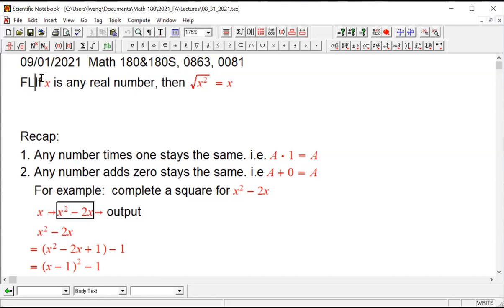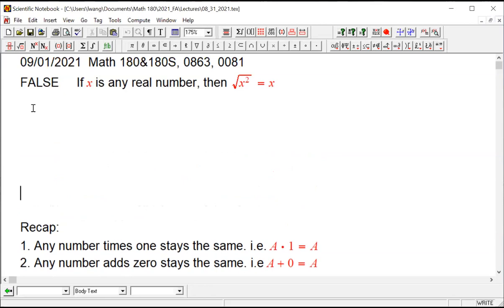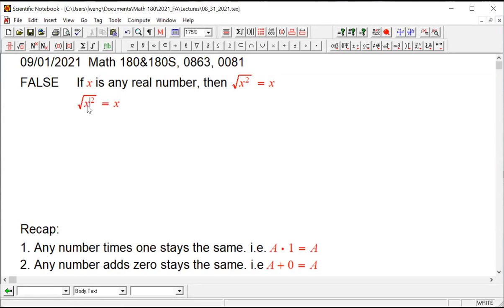Why is this false? Can you get a counterexample? You should be able to come up with a counterexample. Because now you think again, right? If this is true, what does it say? If x is any real number, then this is true.